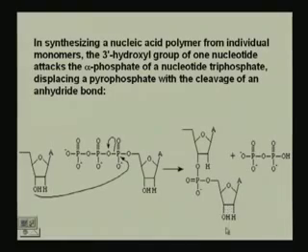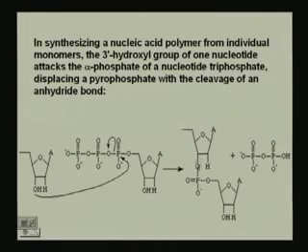Now, this 3 prime OH can do what? It can go and attack another triphosphate that has another base attached to it, and it is going to then form a linear chain of the nucleic acid polymer. Okay? So, what do we have?